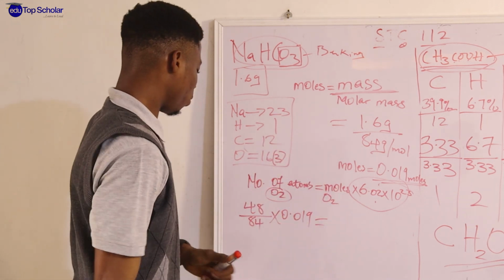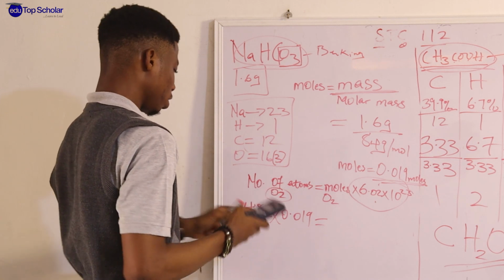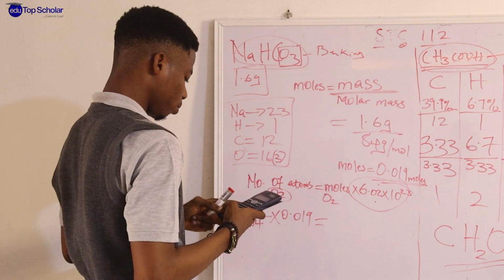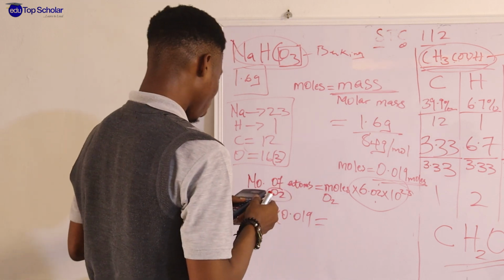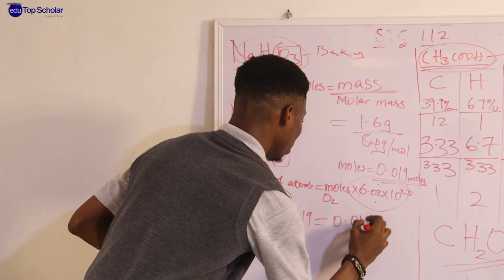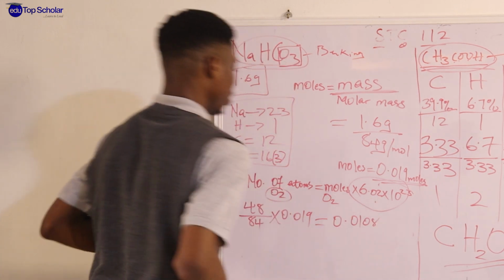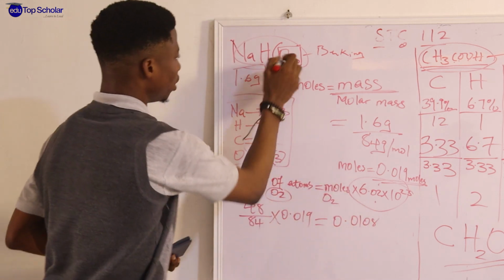So that will be 48 divided by 84 times 0.019. So that's going to give us 0.0108. So that's the number of moles of oxygen that we have in this baking soda.